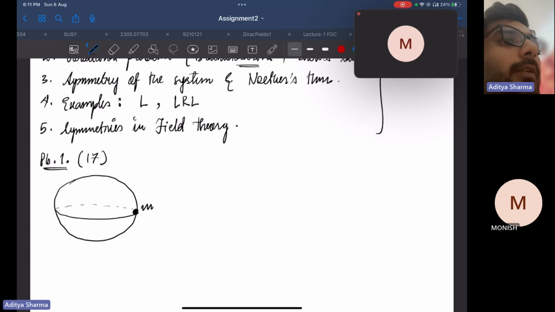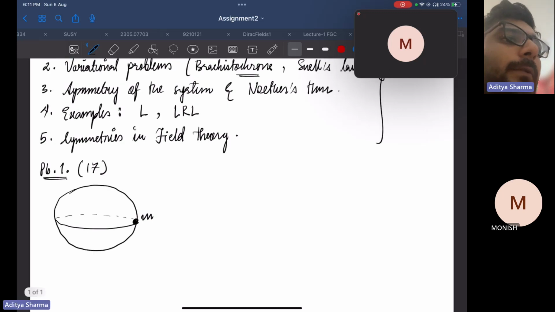How to do it using Lagrange multipliers, I had not discussed in the last session, so I'm going to discuss it now. You have a mass m constrained to move on a sphere, and you have to solve this using the Lagrange multiplier method. You just need to figure out the equation of motion. That's the question.